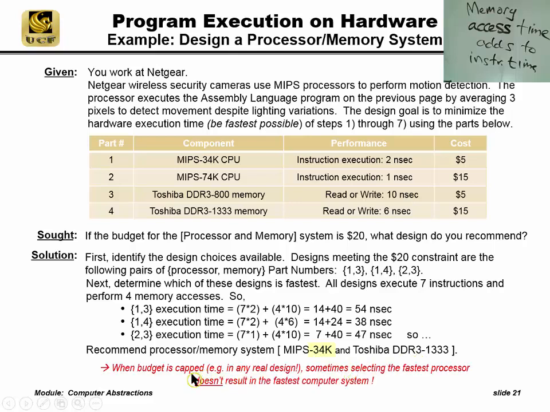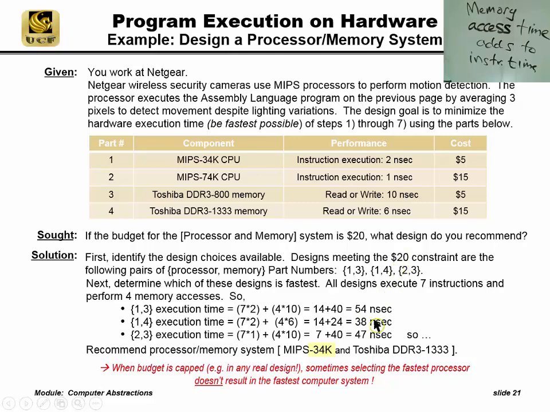This is very interesting. To get the fastest running system, you may not want to choose the fastest processor. Why? Well, in the real world, something is always capped. In any real design, there's always some budget. Here, the budget's fixed. So don't spend all the money on the thing that doesn't have the biggest impact.